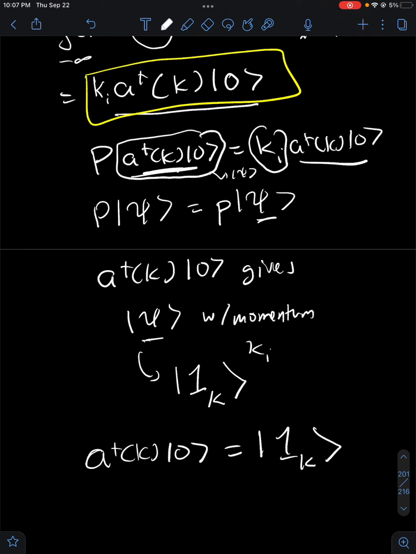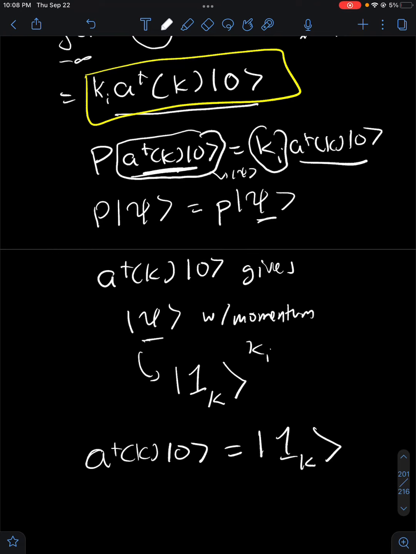Now, technically speaking, this state may have two particles with momenta that add up to k. We haven't necessarily ruled that out yet, but let's simplify things a bit and say that if our state has momentum k, then it just has one particle with momentum k.